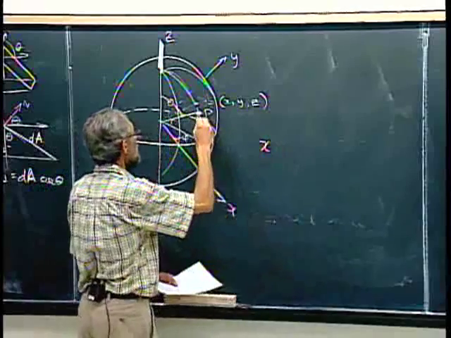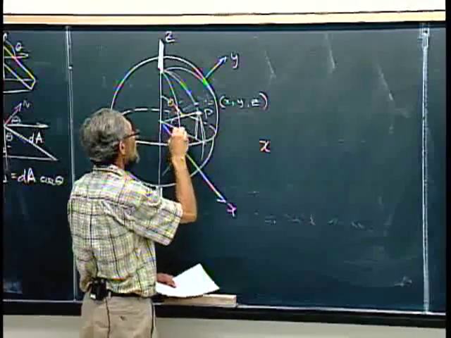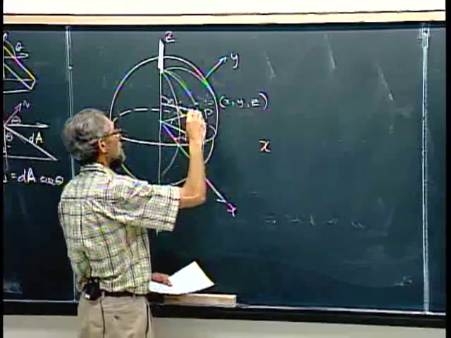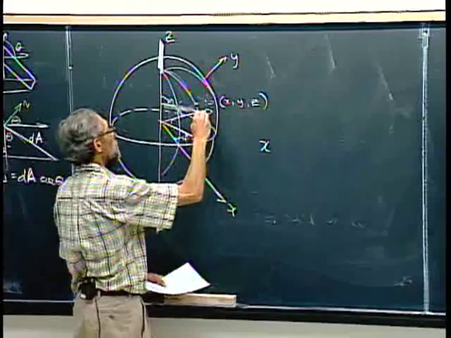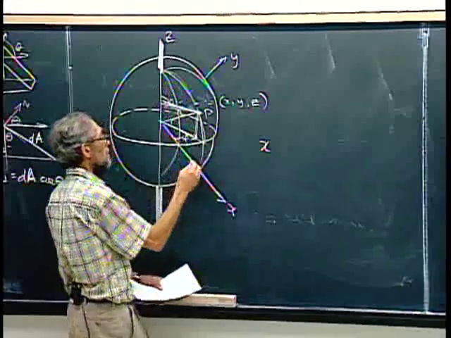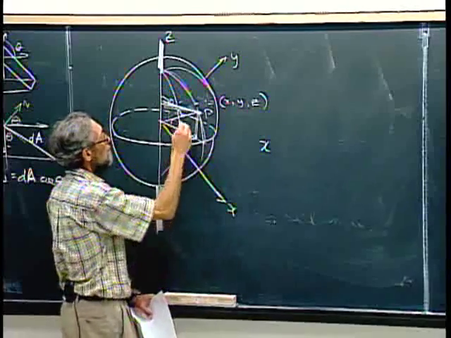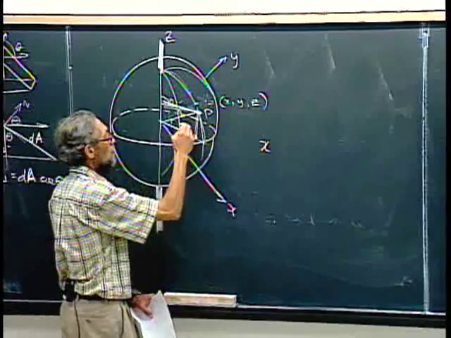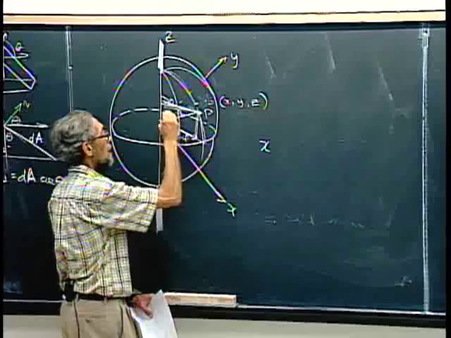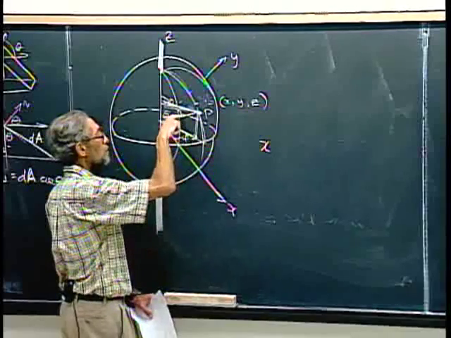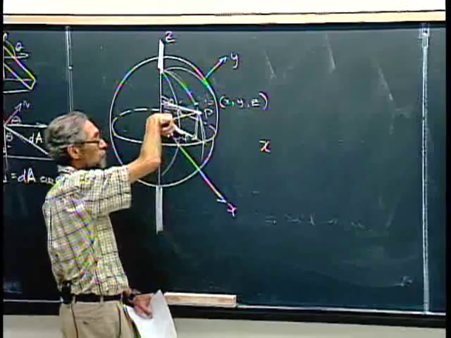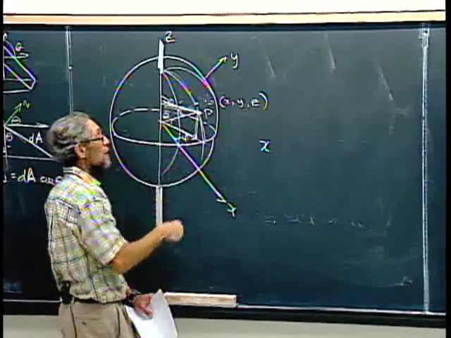Basically, what we need to do to find the x and y is we have to have the length of this vector. It's the same as the length of that vector if I draw it parallel here through this point P up to the axis. And this length is equal to r times cosine theta, right? Because theta is measured from this z-axis, not up from the equator plane.